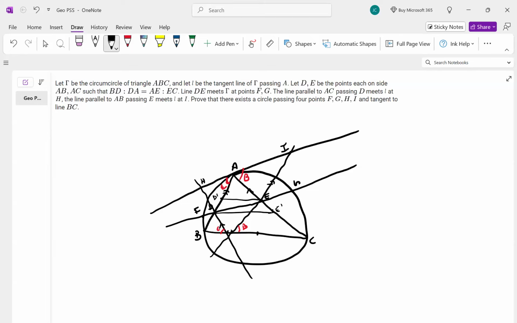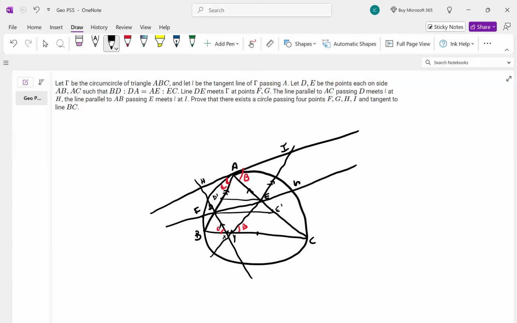I'm sorry, which two points? The intersections of these two lines with BC, you can call them X and Y. You already have some ratios and you have the parallel lines. What do you know about the relation between F and H?